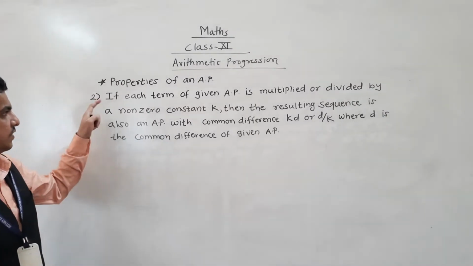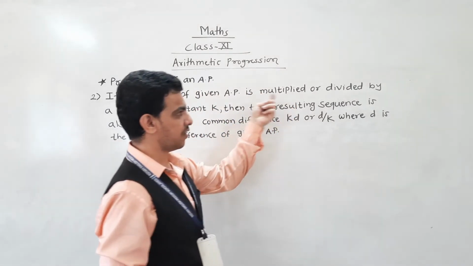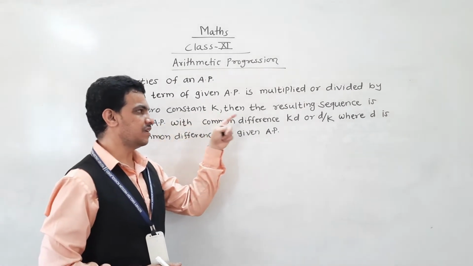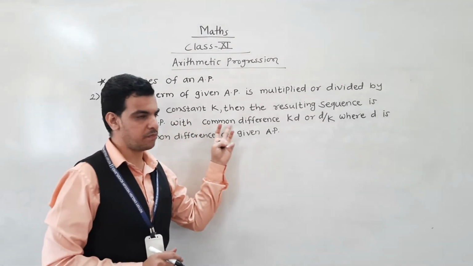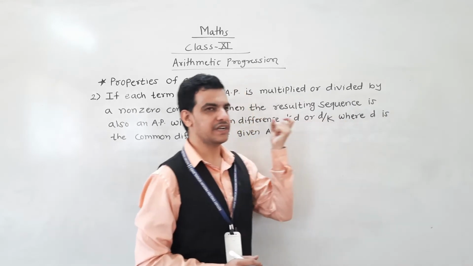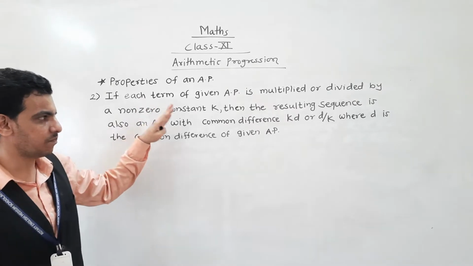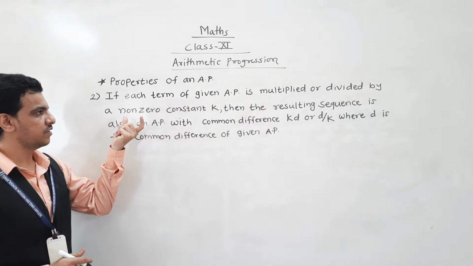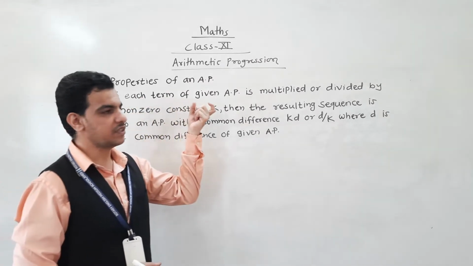The second property is: if each term of a given AP is multiplied or divided by a non-zero constant k, then the resulting sequence is also an AP with common difference k into d or d upon k, where d is the common difference of the given AP.